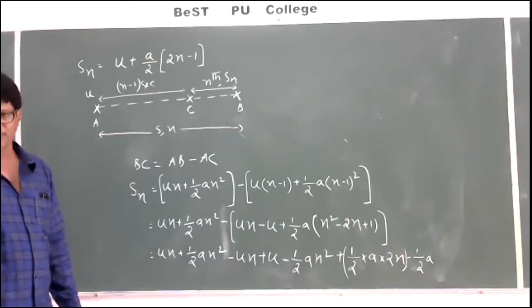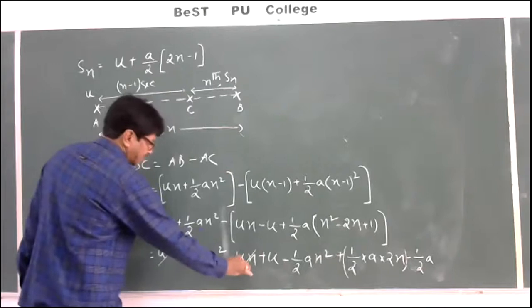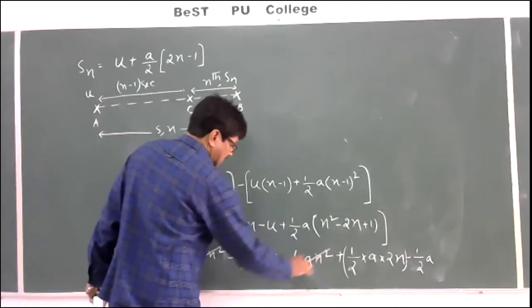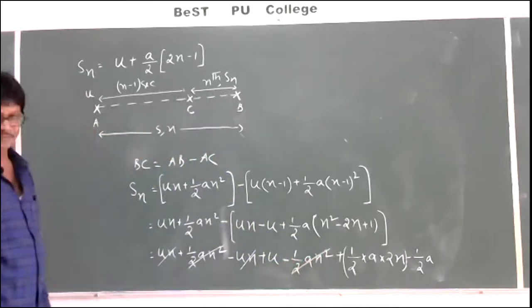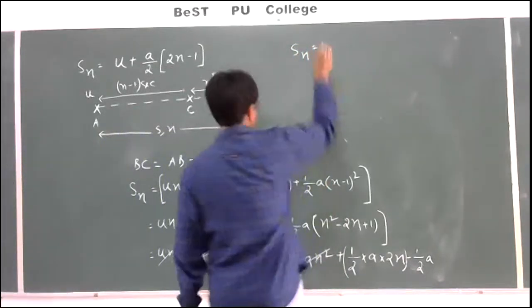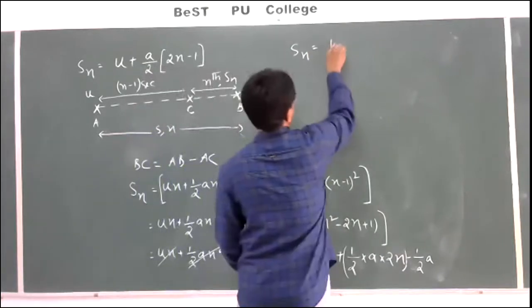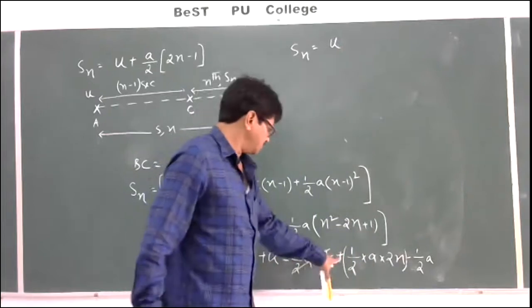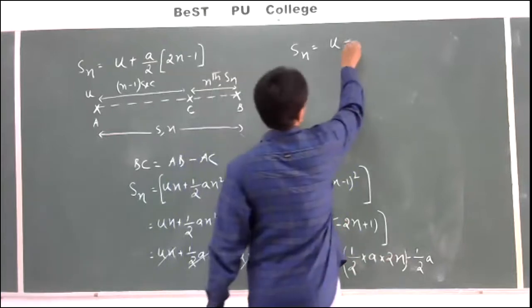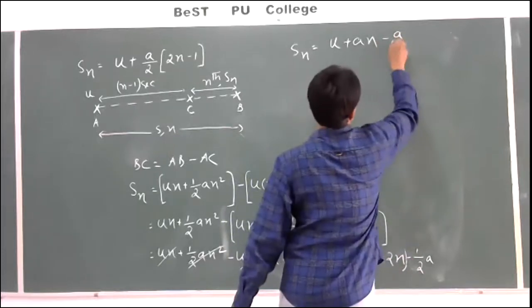So if you further simplify, plus un minus un get cancelled, plus half an square minus half an square get cancelled. The remaining is Sn is equal to, here u remains, next here 2 and 2 get cancelled, plus an minus a by 2.